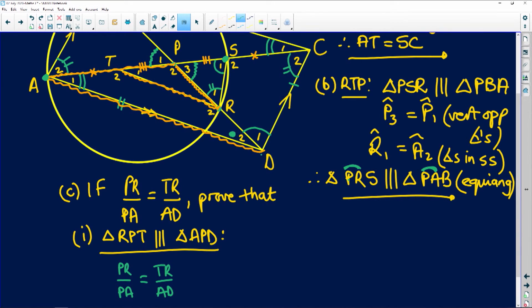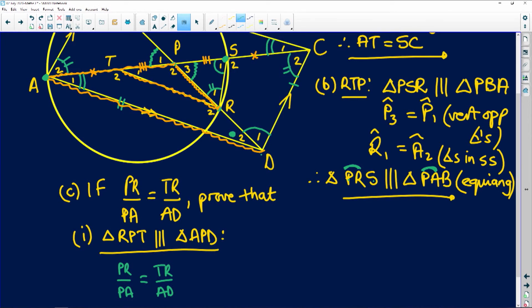Then if it's PR over PA, then that must equal any one of the two here which will correspond in our diagram. Okay, so we're using the first over the first. We now need to check, are we going to use RS or are we going to use PS?